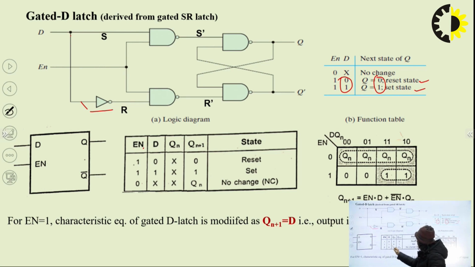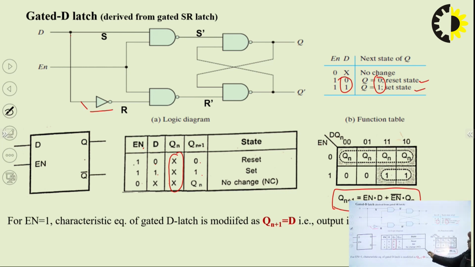Enable, D, Qn and Qn plus 1. If D is 0, output is 0. If D is 1, output is 1 irrespective of previous state, so don't care. We can again solve the K-map of these terms, enable, D and Qn, to find the equation, which comes out to be enable into D plus enable bar into Qn.